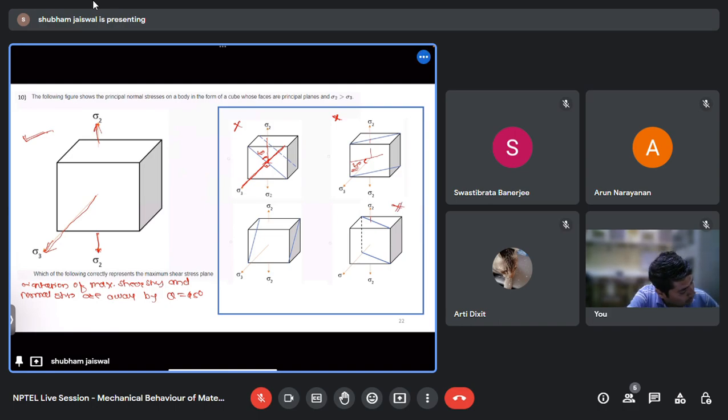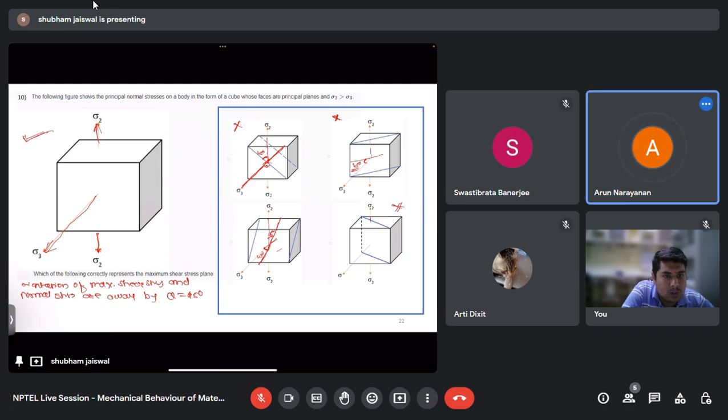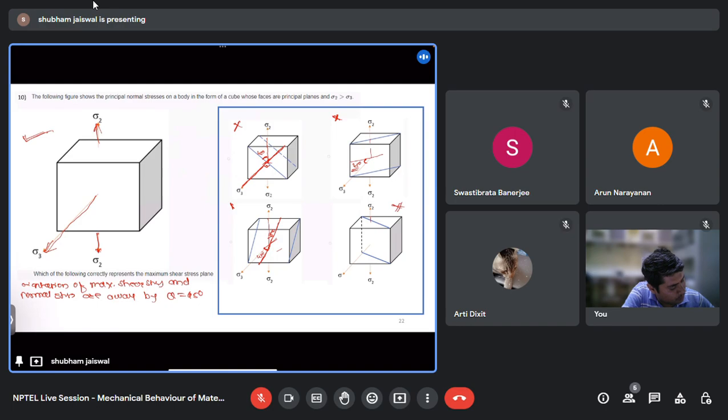Let's come to this one. Let me draw the line. Here we are getting 45 degrees with this one and 45 degrees with this one. Is it satisfying our condition? Yes, sir, it is. So this will be our answer.